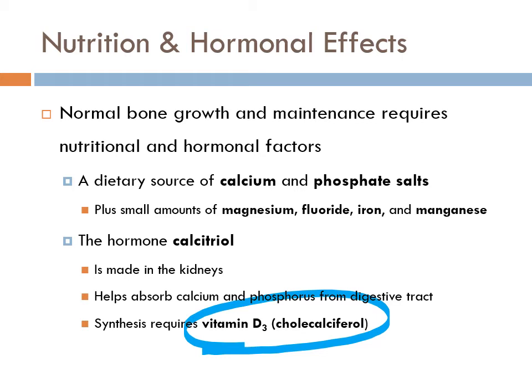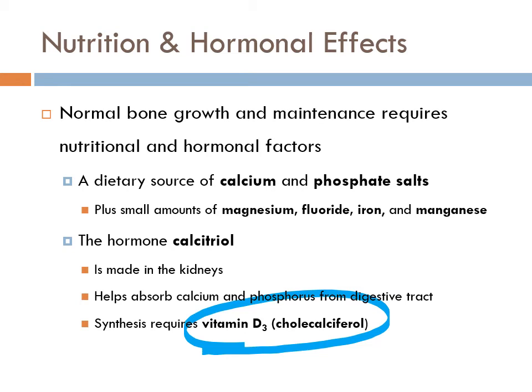So if you remember back to our last lecture, vitamin D3 is formed in the epidermis in the presence of UV radiation. So if you don't get out in the sun and you're not making enough vitamin D, then your kidneys can't create calcitriol, and then your digestive system cannot absorb calcium from what you're eating.